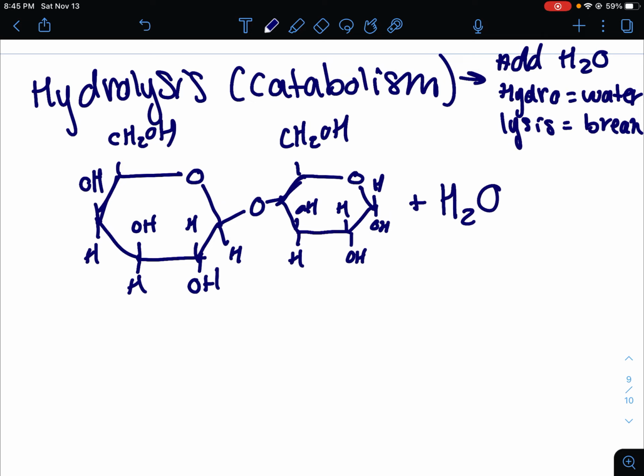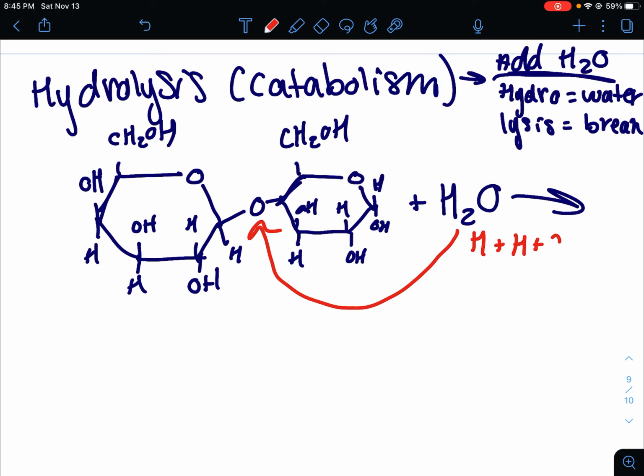And then we're adding water, remember? From up here, we're adding water. And then what we end up getting as a final product is that this water will insert itself, so all 3 of these elements, the H, the other H, and the O add themselves to this.